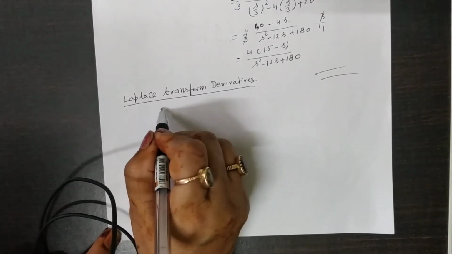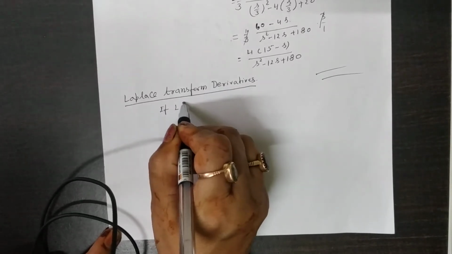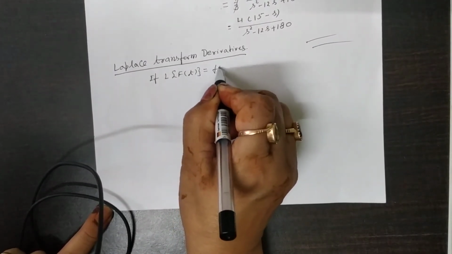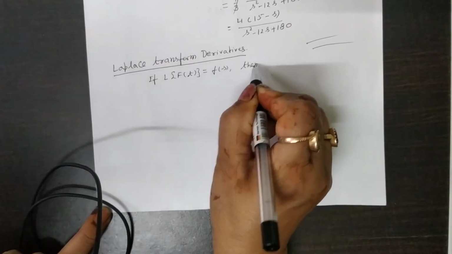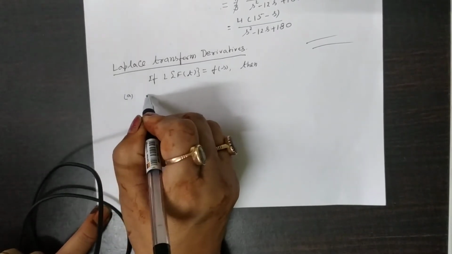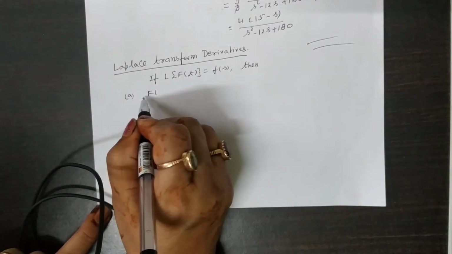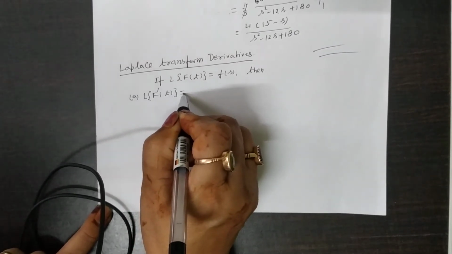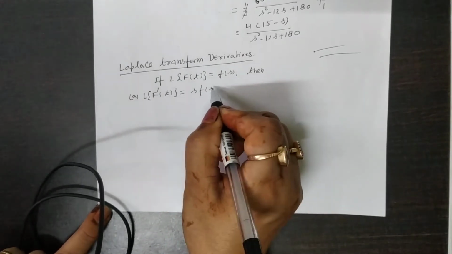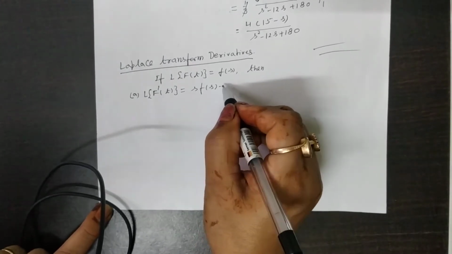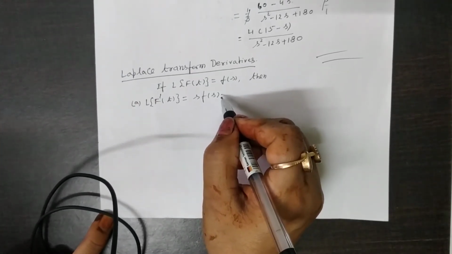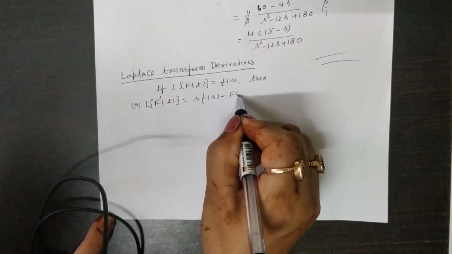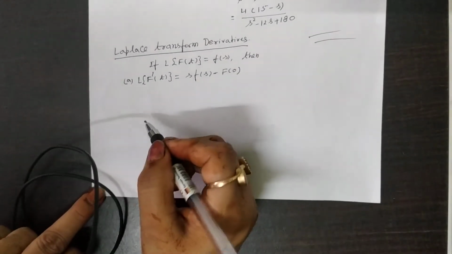If Laplace of f(t) is equal to f(s), then first, Laplace of f dash t is equal to s f(s) minus f(0). First I want to solve this problem.